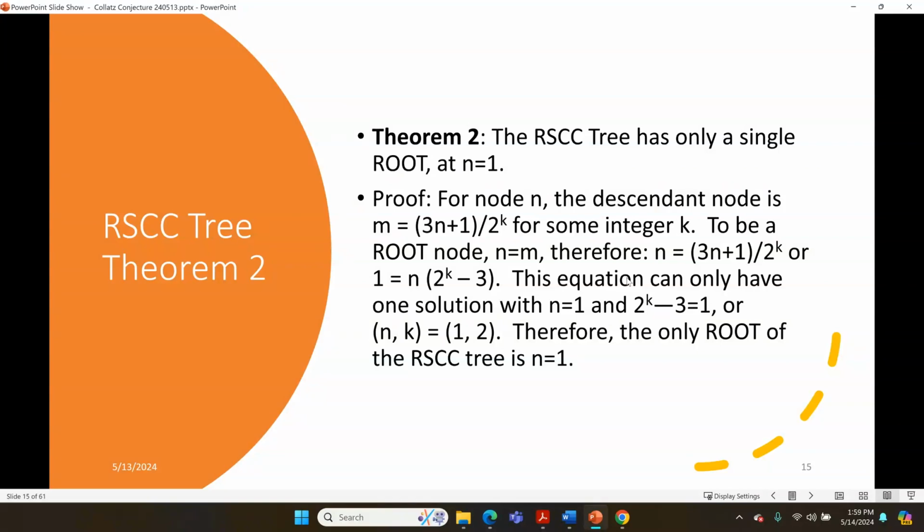We set n equal to m, and we get n is equal to (3n plus 1) over 2 to the k, or by simplifying here, 1 is equal to n times (2 to the k minus 3). So this means that n, or the number 1, can only have factors of 1, so therefore n must be 1 and 2 to the k minus 3 must be 1, or in other words, n is 1 and k is equal to 2. So there's only one root in the tree.